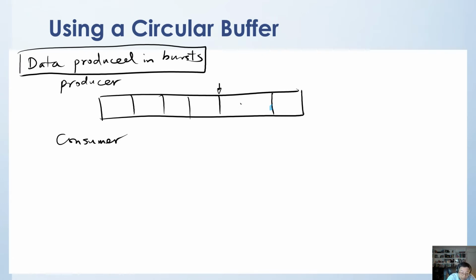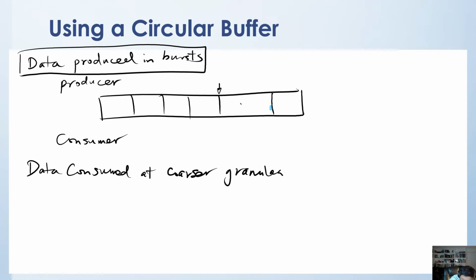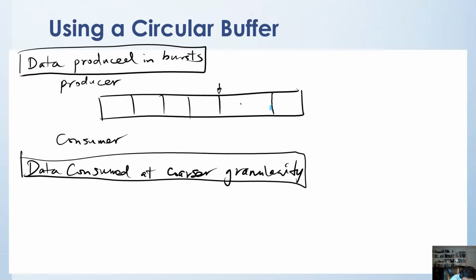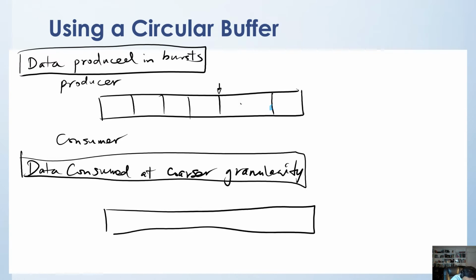Now there's another scenario, where the data is consumed at what is called coarser granularity. Here's the producer and the consumer.